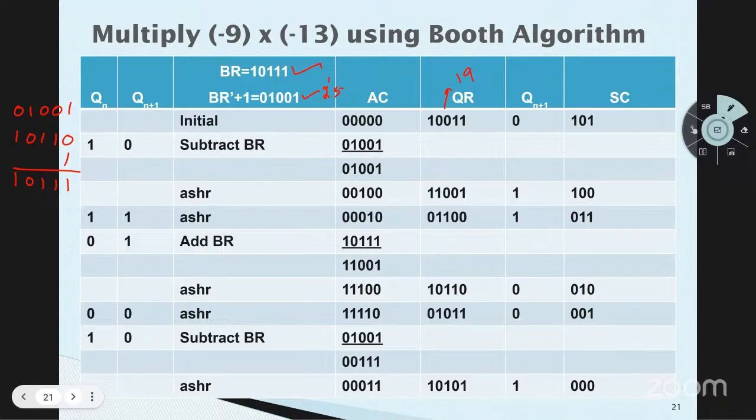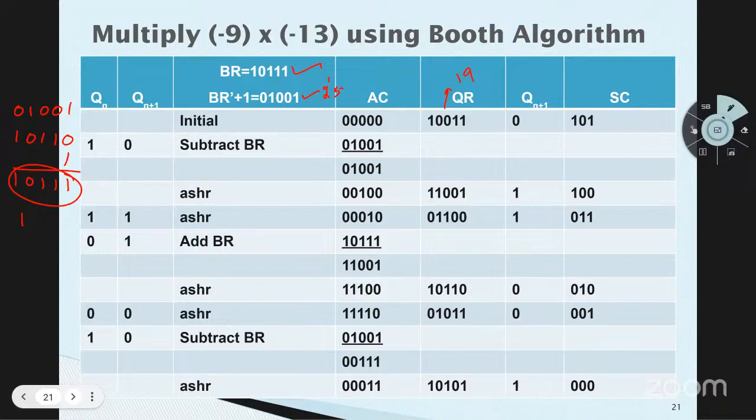Next 13, the value of 13 in 4 bits, 1 1 0 1. BR is 1 1 1 1, BR plus 1 is 0 1 0 0 1.